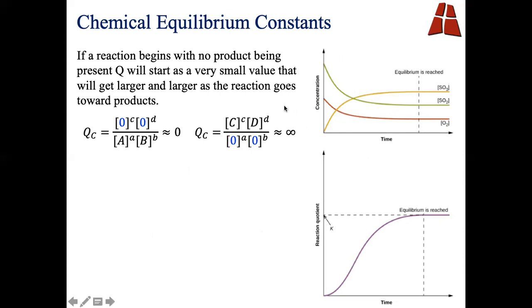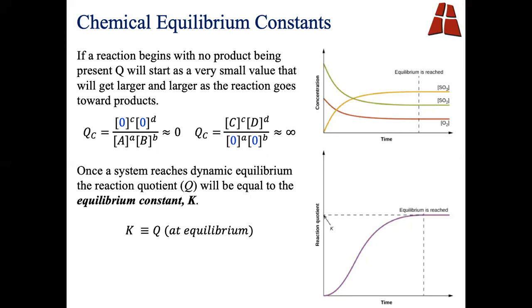And so Q will be essentially 0 if we start with no products. Q will be close to infinity if we start with no reactants, right? Because that's our products over reactants. So just thinking about the scale that Q can take, right?